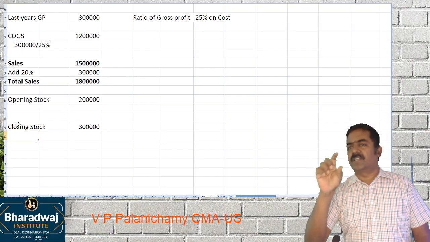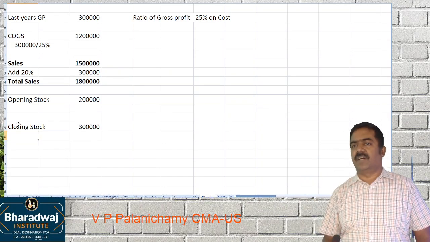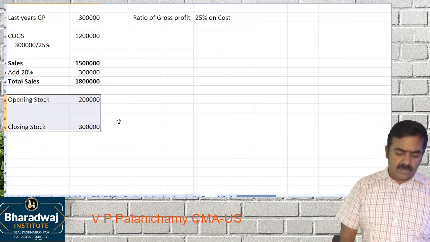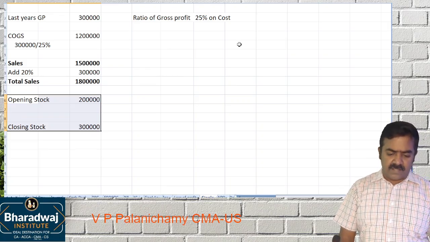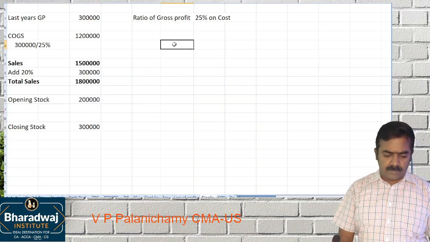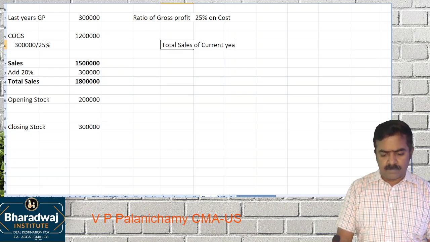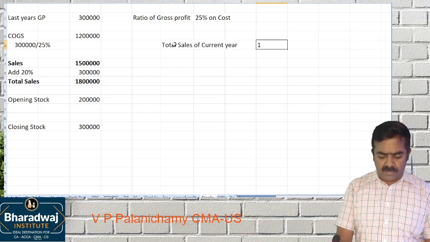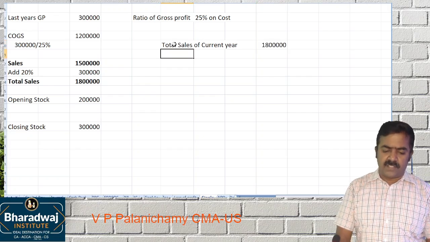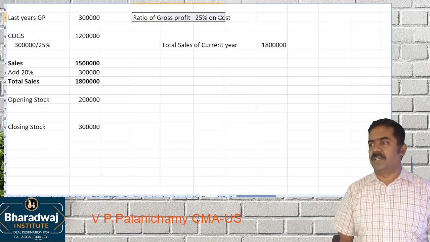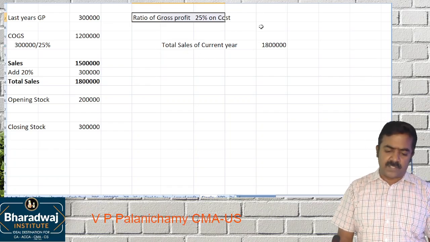Throughout the year, we are keeping a stock of what? 3 lakhs. Now, at the end of the year, stock will be how much? 3 lakhs will be there. Wait, pardon. What is the total sales of the current year? 18 lakhs, right? Profit is how much percentage on cost? 25% on cost.